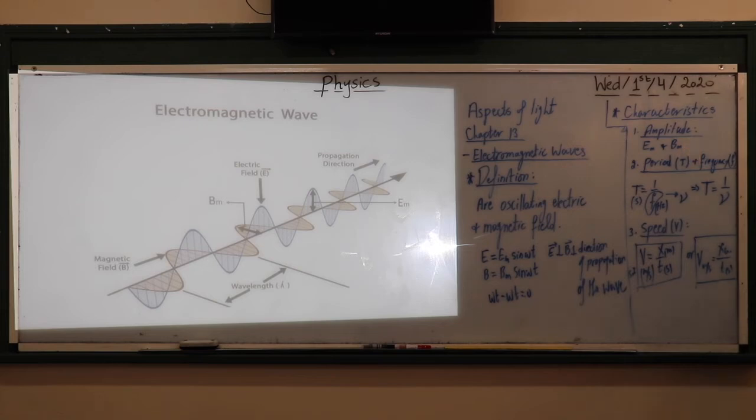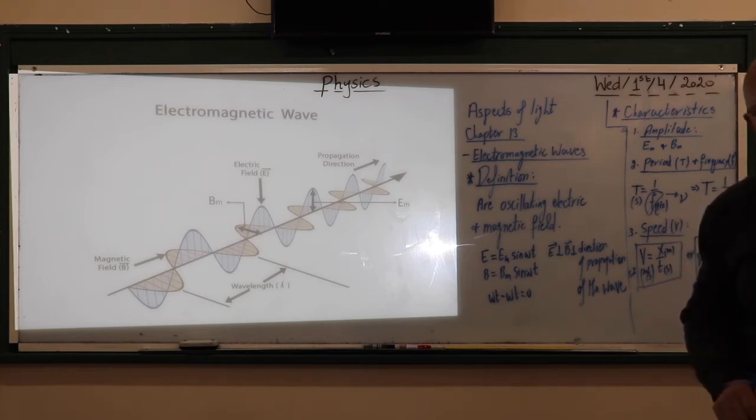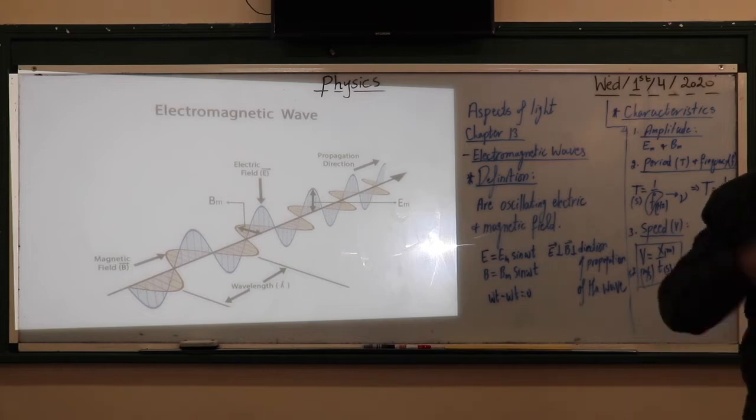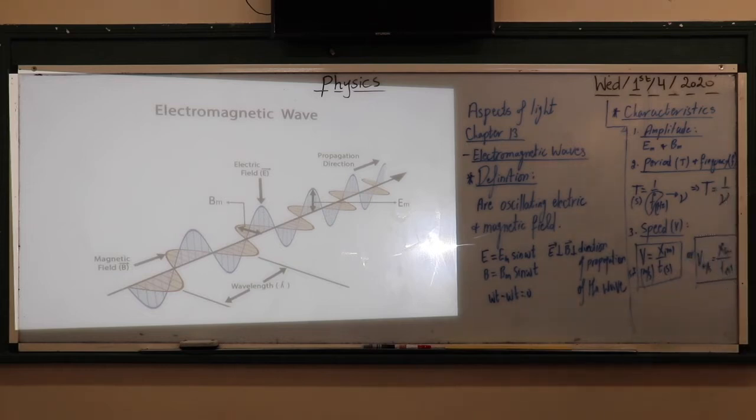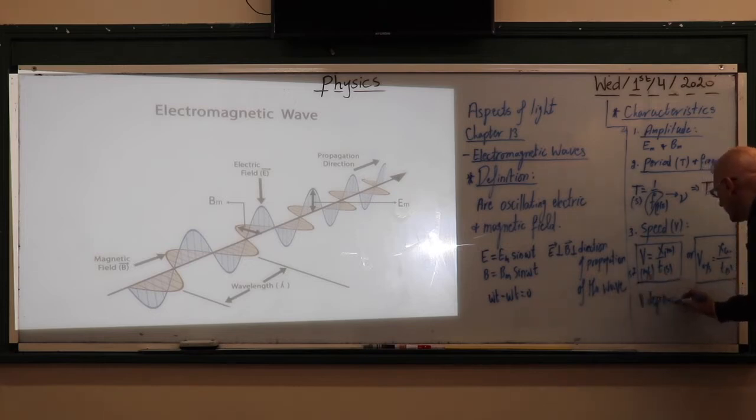Now, as you know, the speed of the wave depends on the characteristics of the medium and not on the period, not on the frequency, and not on the amplitude. So V depends on the characteristics of the medium.